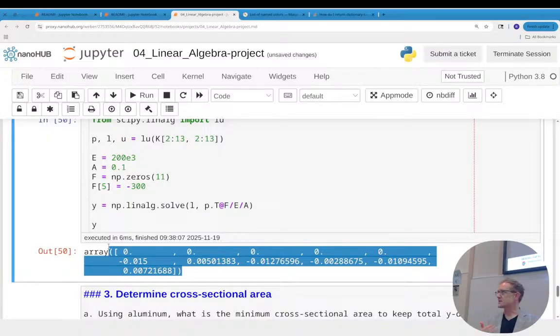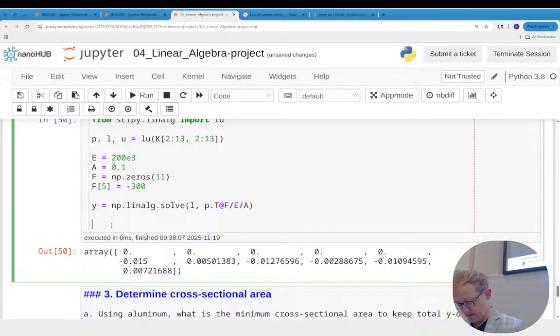Not really. This is just an intermediate. I need to know what this is so that I can plug in the next thing. I guess I should have, let's call it U free.